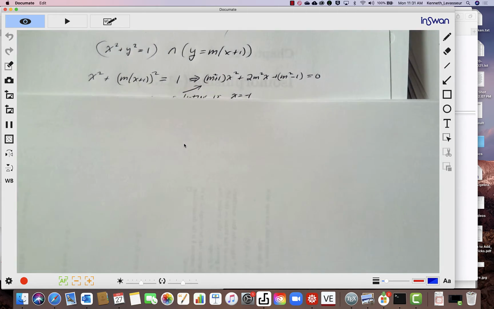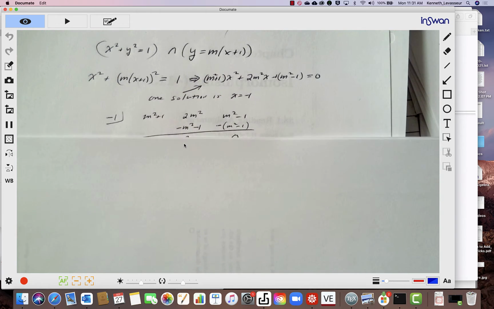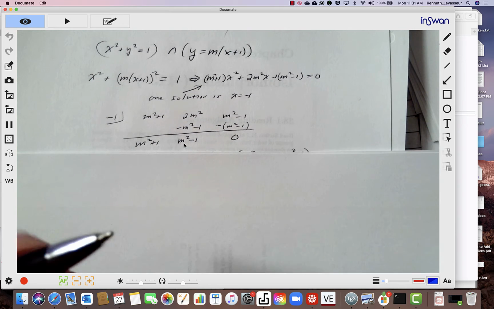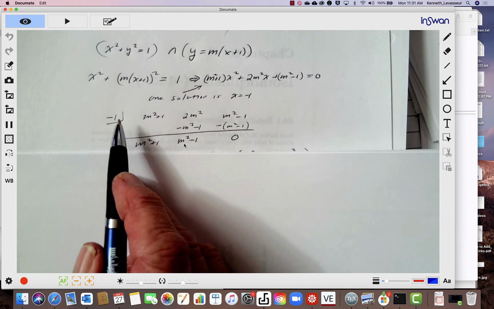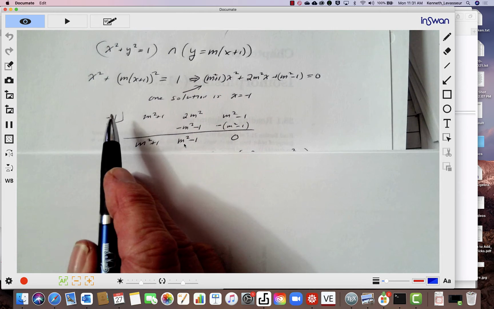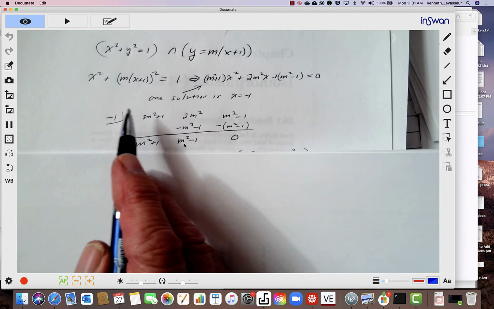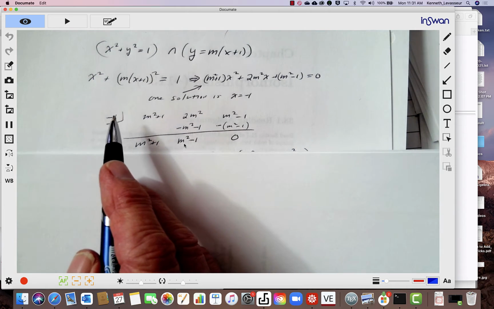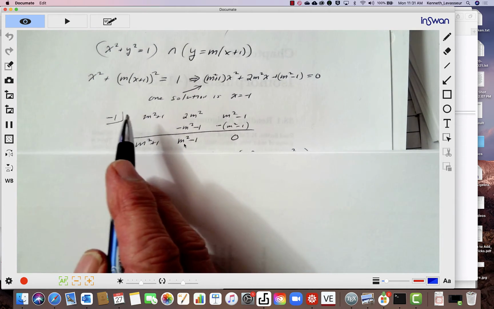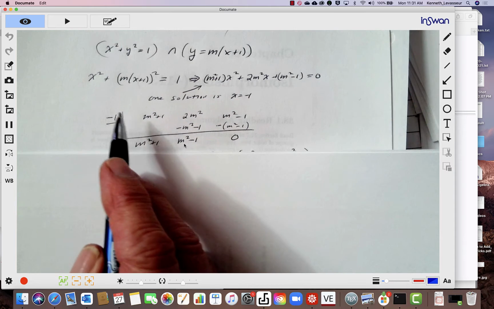So we're going to use synthetic division to do the division. You're going to divide x plus 1 into this polynomial. And if you're familiar with synthetic division, that's the same as evaluating this polynomial at -1.